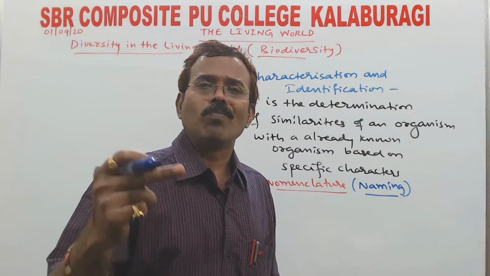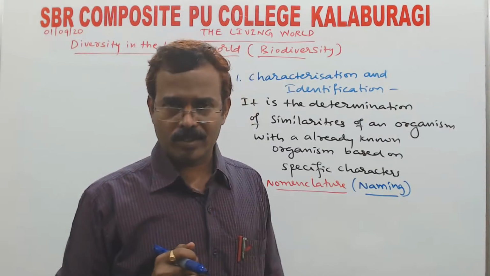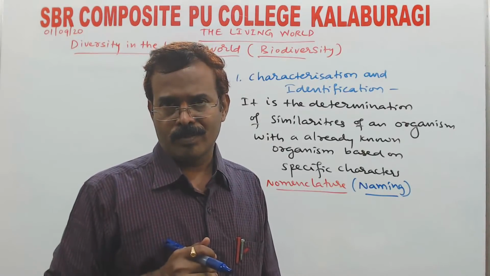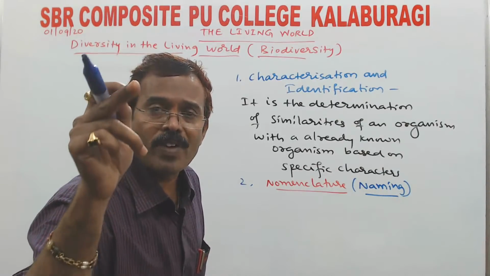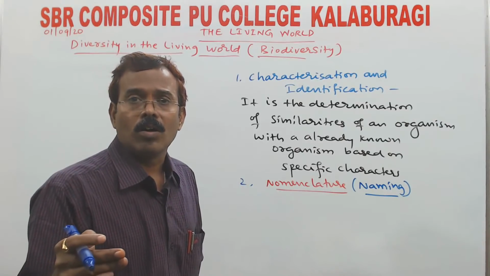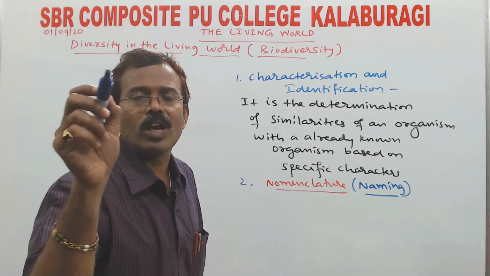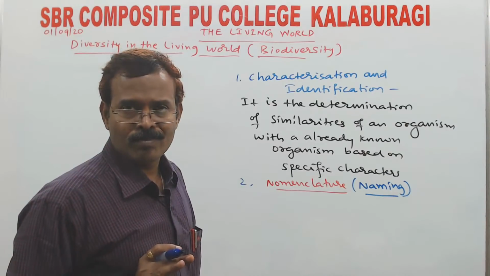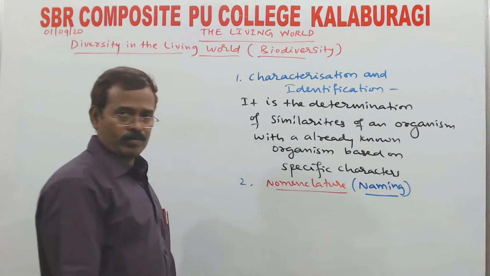When we give the name to plant, animal or microbe, it should be universally accepted. It should be common in all the languages. So it is the determination of correct name of an organism based on or in accordance to established universal rules. There are specific rules in order to name an organism. So naming of an organism is nomenclature.